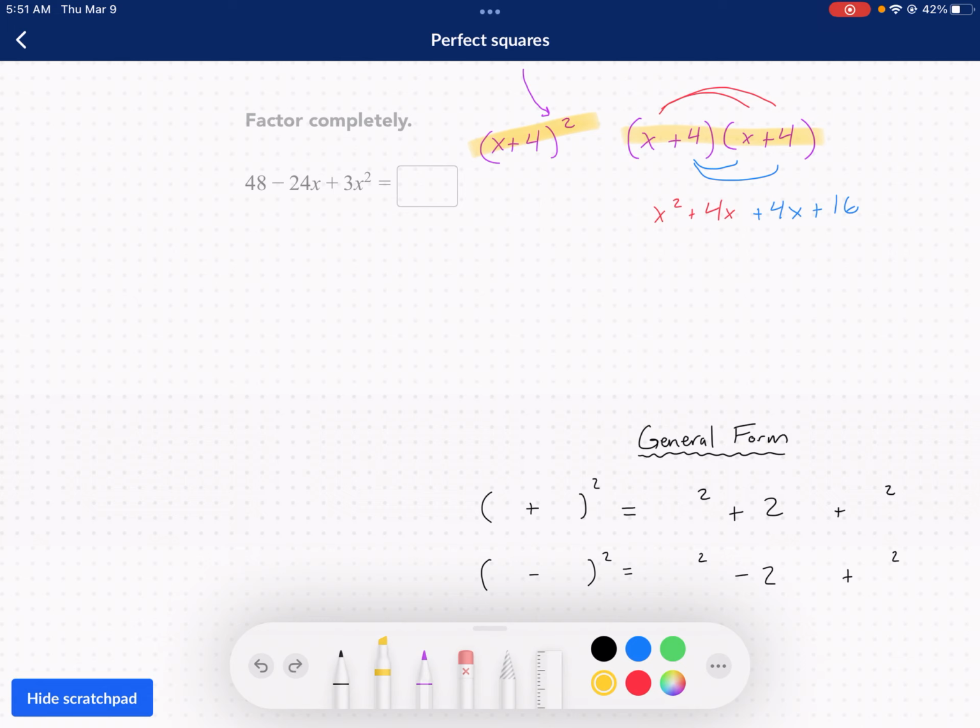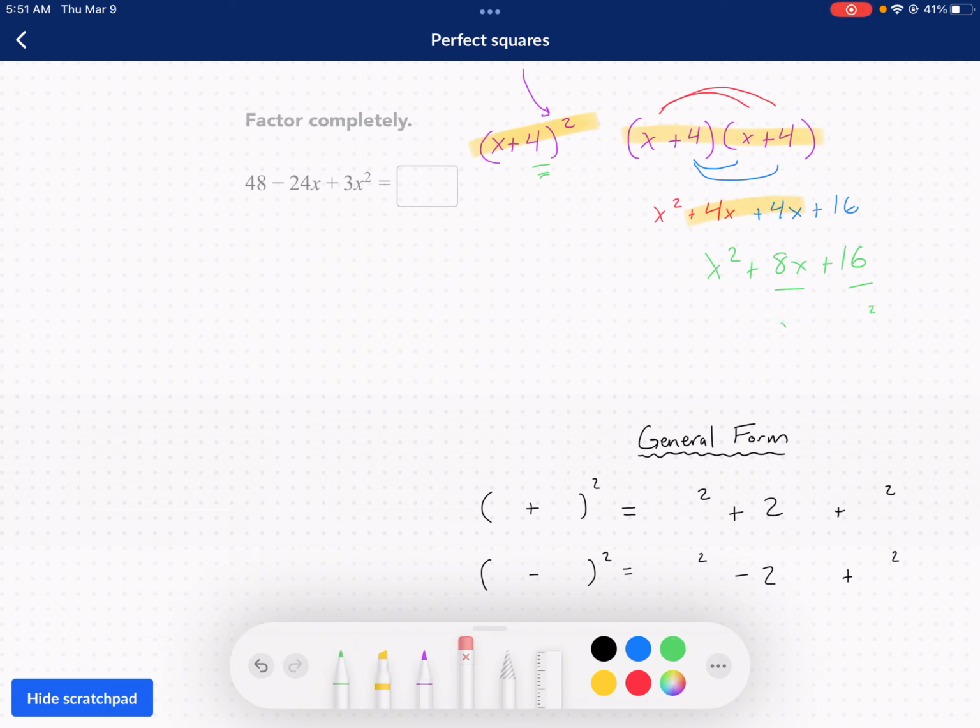Whenever you multiply a perfect square trinomial, you're going to notice a pattern: these two middle terms, 4x and 4x, combine, and it results in x squared plus 8x plus 16. Now, what do you notice about the 4 and how it relates to 8 and 16? Hopefully you notice a pattern that we double 4 for the middle term, and then we square it for that last term.